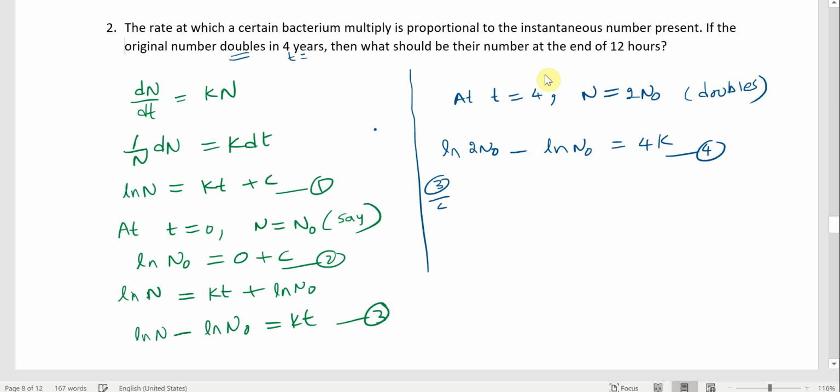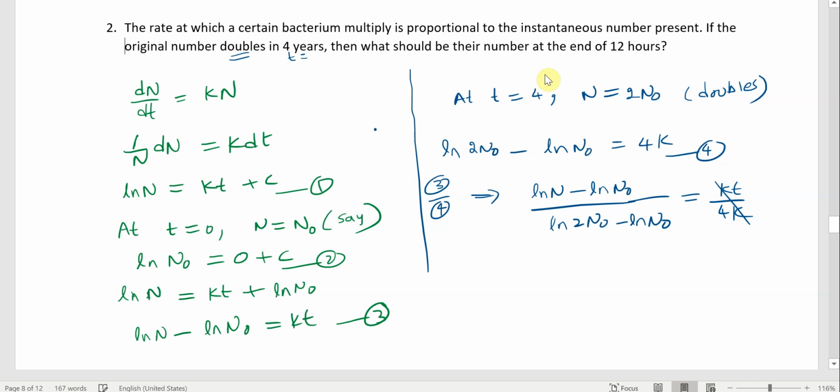So dividing 3 by 4: ln n minus ln n naught divided by ln 2 n naught minus ln n naught equals kt divided by 4k, k and k get cancelled. So with the logarithmic formula, ln n over n naught divided by ln 2 n naught over n naught equals t over 4, and these two also cancelled.